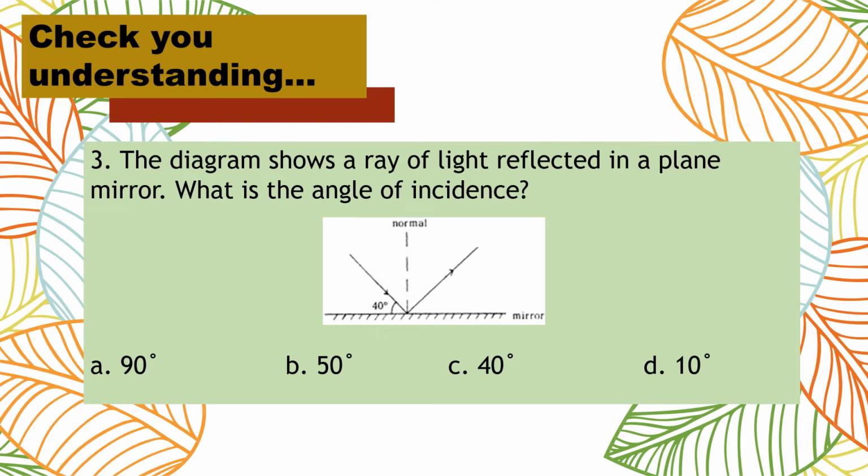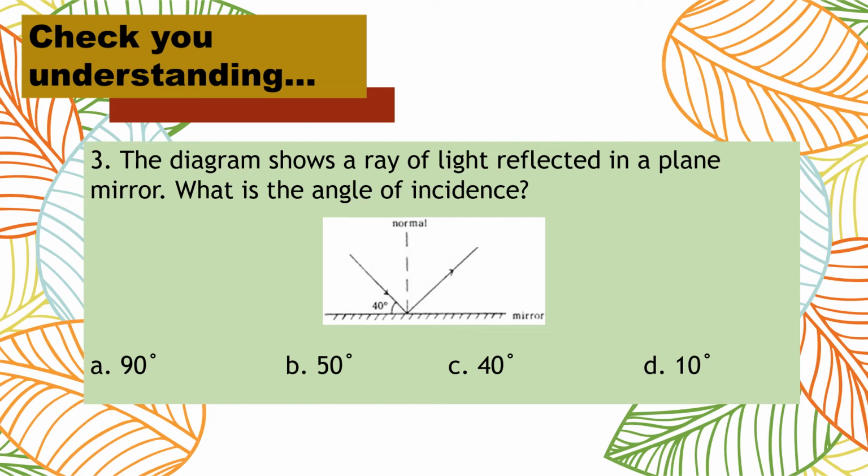now what is the angle of incidence? Angle of incidence, always remember, happens between the normal line and the incident ray. Now, what is the angle of incidence from this question?